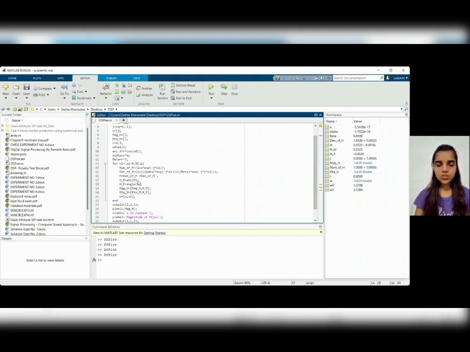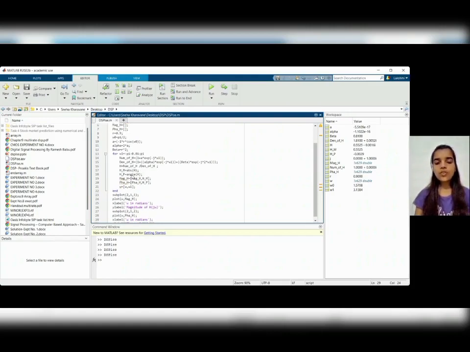So this command is used for magnitude of transfer function. For the phase of transfer function, we have to consider angle of transfer function. This h underscore p is equal to angle of h. This command is used for phase of transfer function.